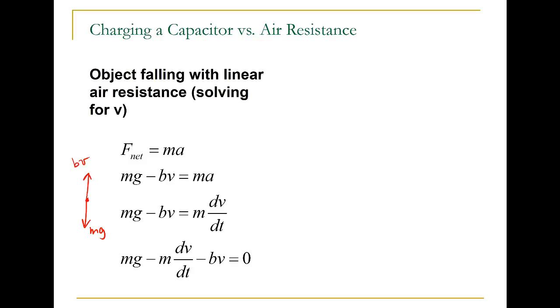And acceleration we can write in differential form as dv dt. That's probably the biggest insight to take note of. Then we can rearrange things and write mg minus m dv dt minus bv is equal to 0.